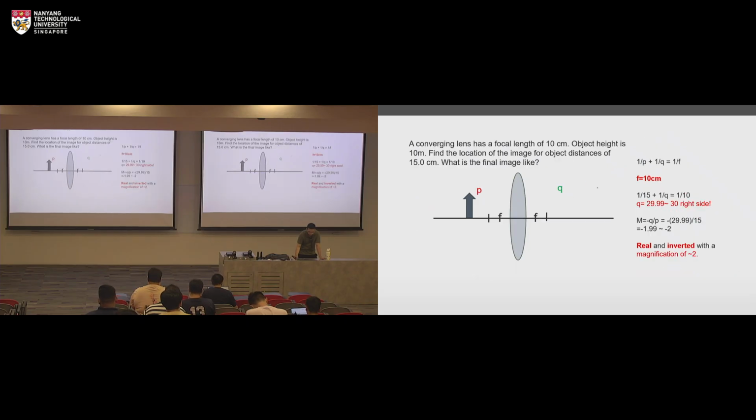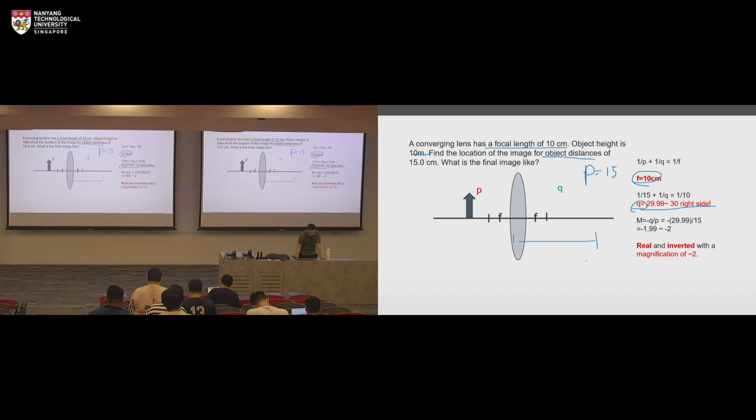Okay, last one. When your focal length is still 10, object height is 1, and now it says that your P is 15. So you put the same equation, but by using P as 15, F as 10, then you'll discover that your Q is about 30.